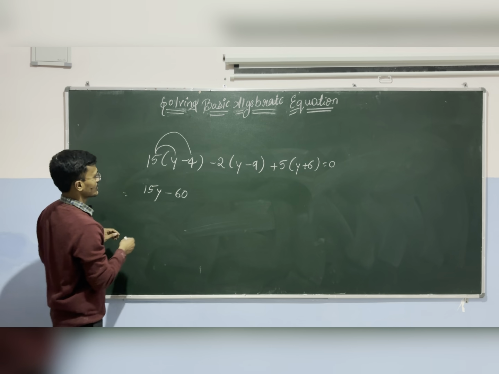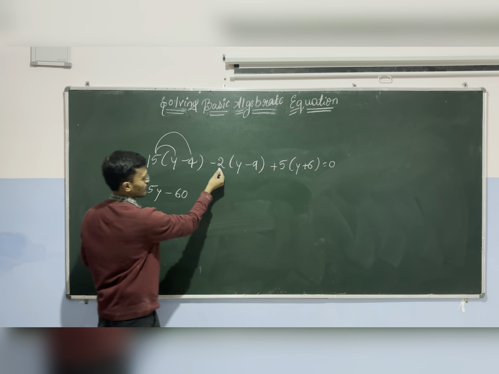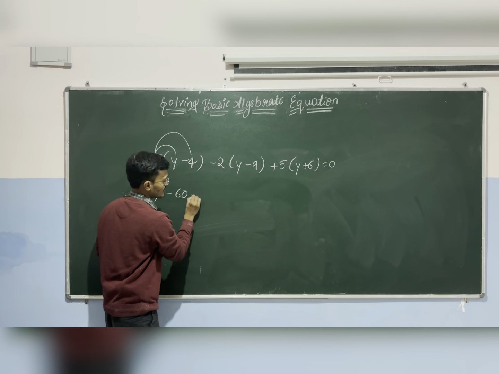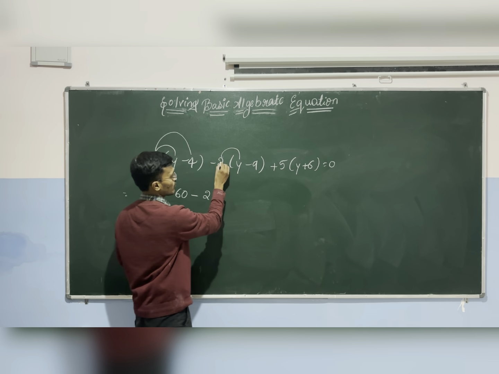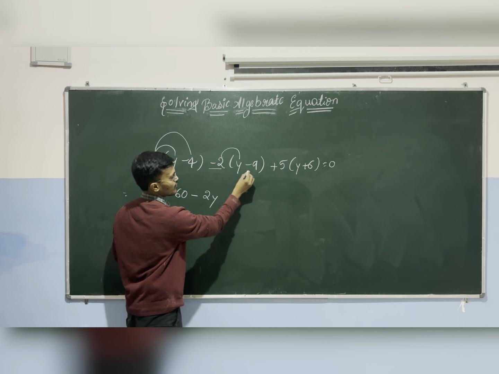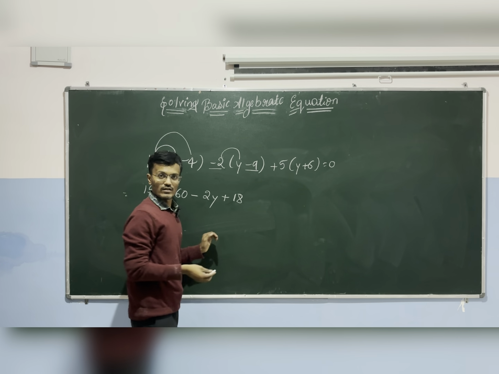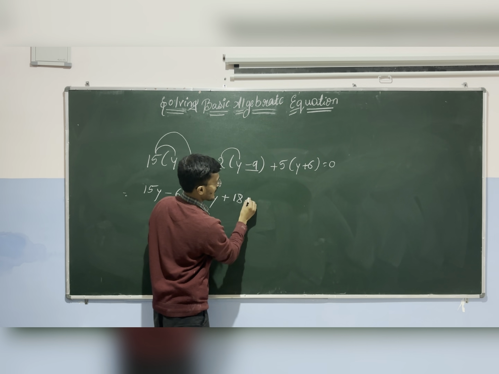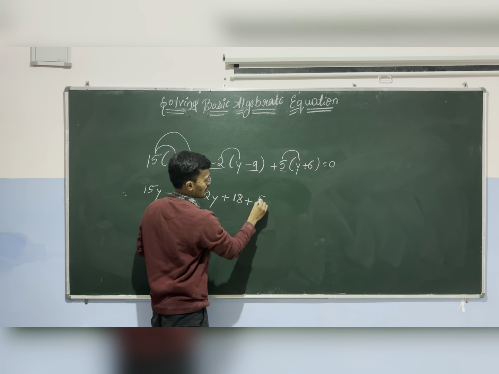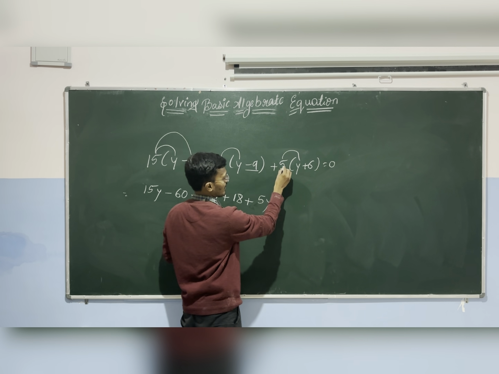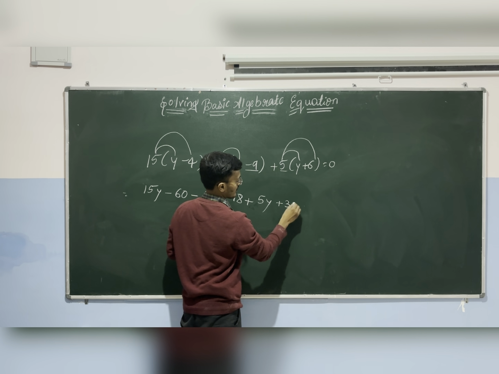You need to multiply both terms. Okay, so next minus as it is you need to write, and 2 into y, 2y, and minus 2 into minus 9, the plus 18. So next plus as it is you need to write, and 5 into y, 5y, and 5 into 6, 30.